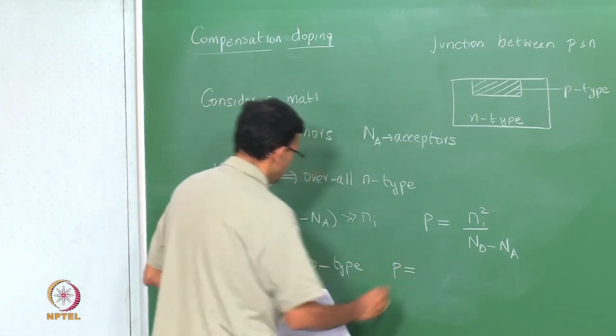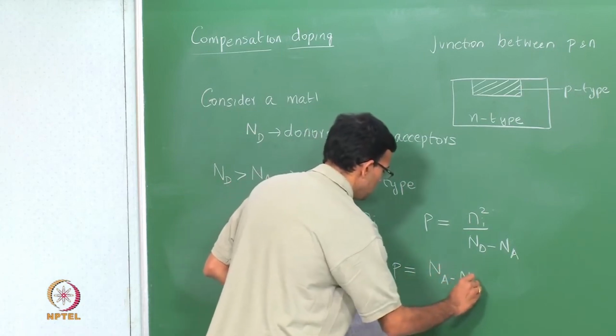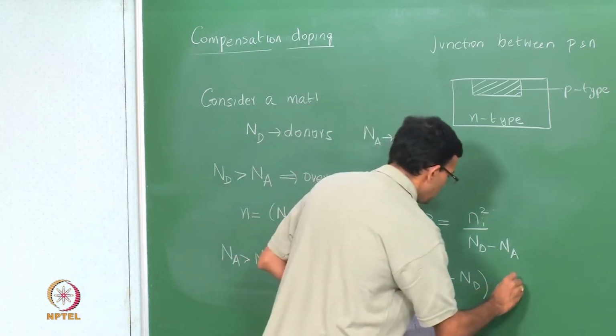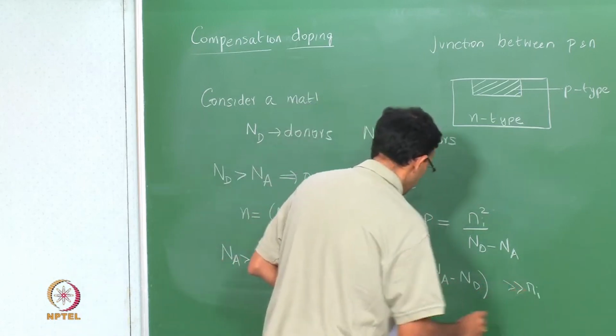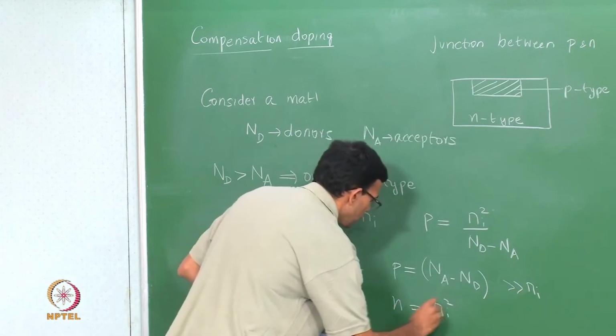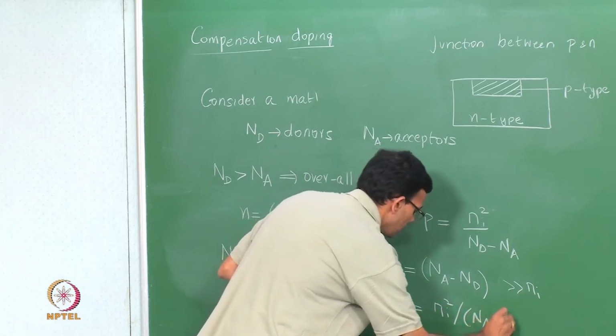The concentration of holes is nothing but Na minus Nd, which is greater than Ni, and N will be Ni square over Na minus Nd.